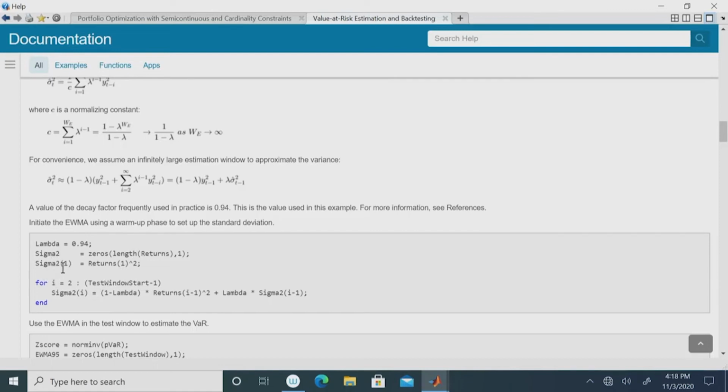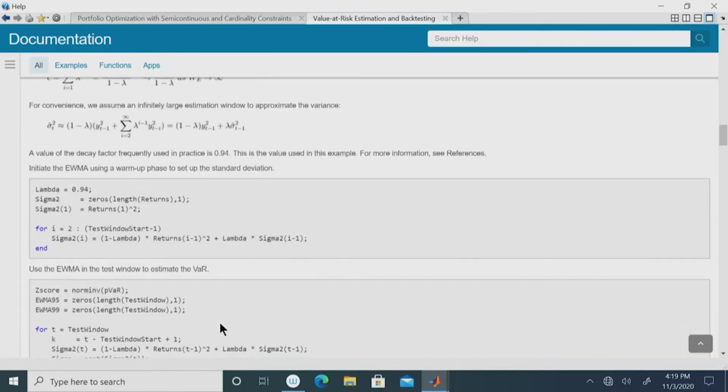We set the first value of sigma hat squared to be returns of 1 squared, and then we make use of this recursive formulation to generate all the values of sigma. So, we start off with sigma squared of 1, which is the initial value for this relation, and then we use the recursive relation for calculating all the sigmas for i equal to 2 all the way to the number of points in the test window.